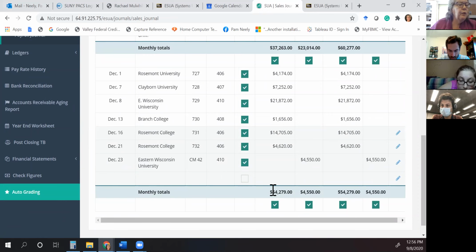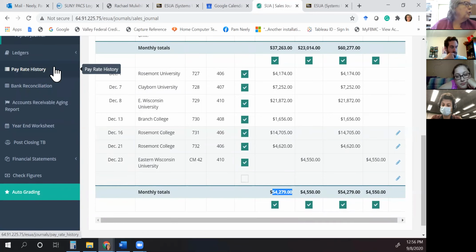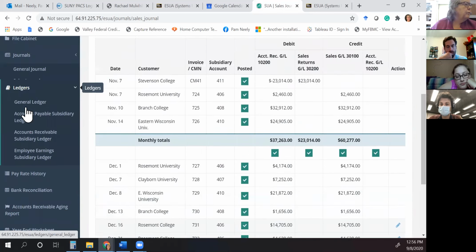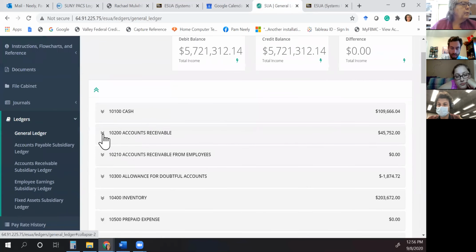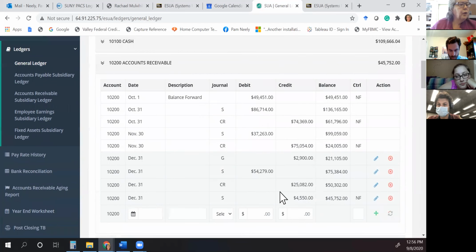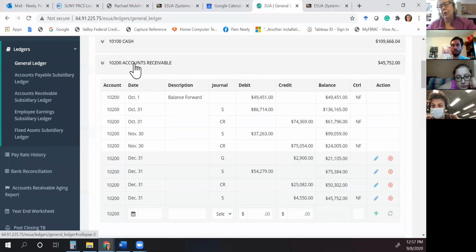So I take that $54,279, I copy it, and then I go to my general ledger, and I go to 10200 and I post it as a debit to the accounts receivable general ledger account. This is how you get the numbers from the journals into the general ledger, by posting.